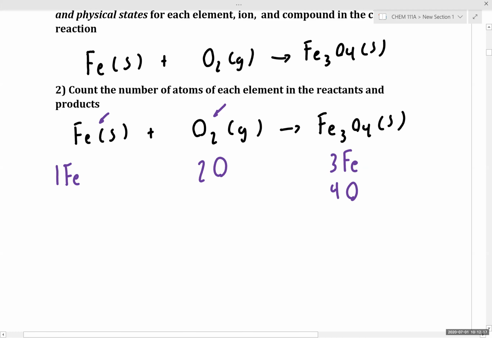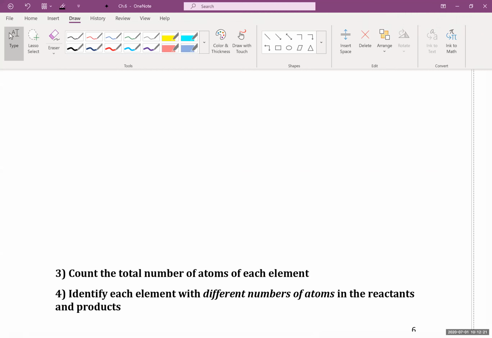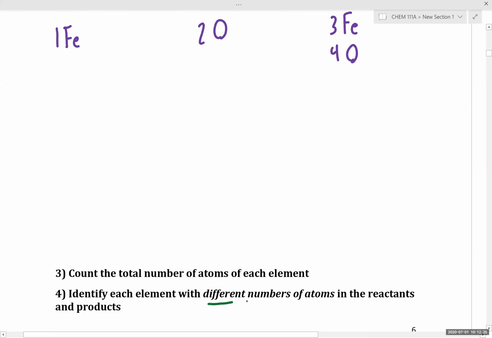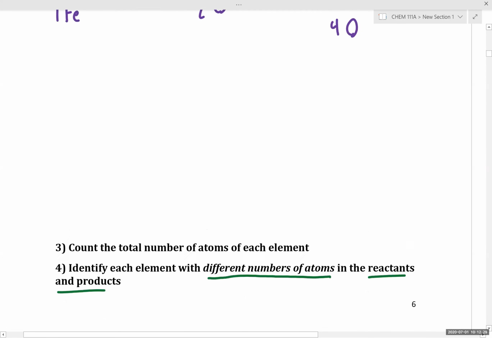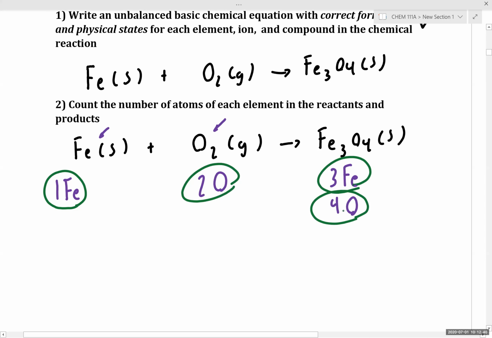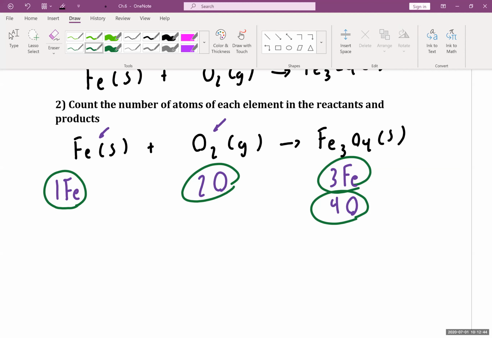So we've counted the number of atoms of each element. And what we're next going to do is identify each element with different numbers of atoms in the reactant and product. Okay, so looking at our equation, we see that iron is not balanced and oxygen is not balanced. They have different numbers of atoms of that element.